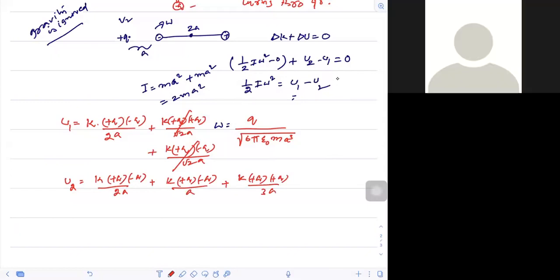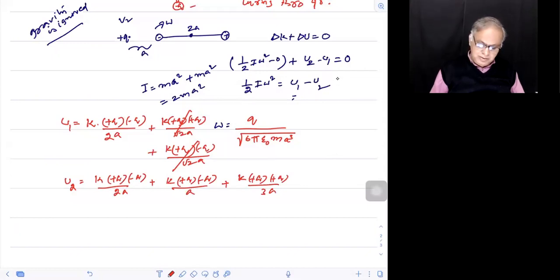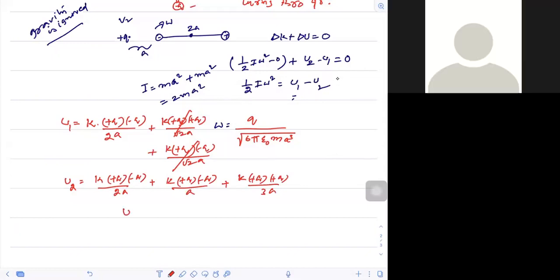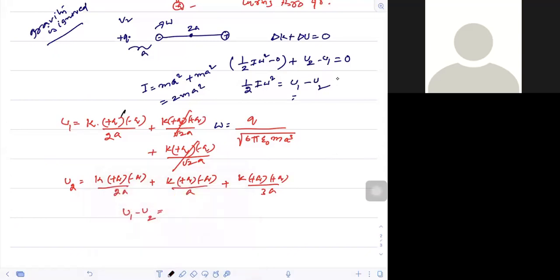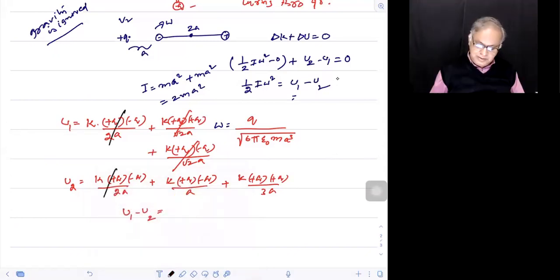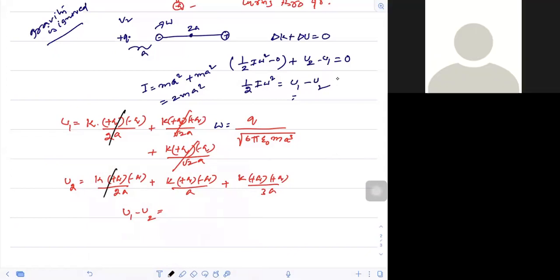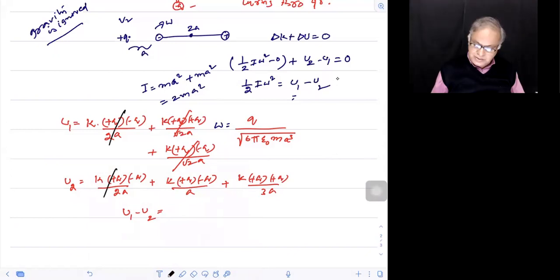When you wanted U1 minus U2, right? Yes. The second, this one will get cancelled. U1 minus U2, if you do, this first thing is getting cancelled. Yes, sir. First thing is getting cancelled. This is cancelling, right? Then this we get minus, right? Yes. 1 by 3, both minus. This is minus, this is plus. So this will be plus and this will be minus, right?